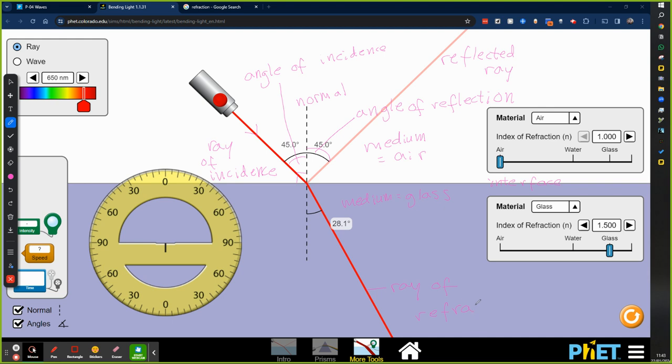We're refracting the light, which is what happens with all waves. When a wave moves from one type of medium into another, it changes direction. And then we have the angle of refraction. We call it the refracted angle as well.